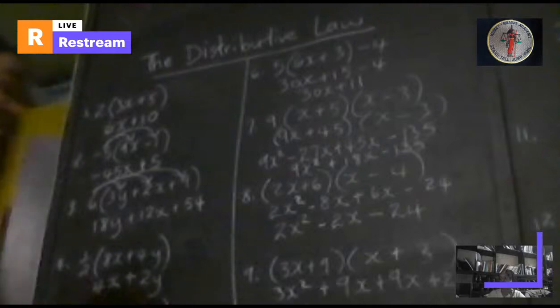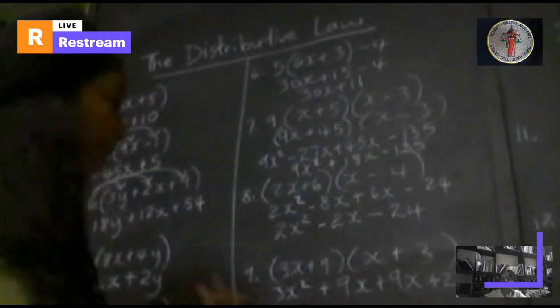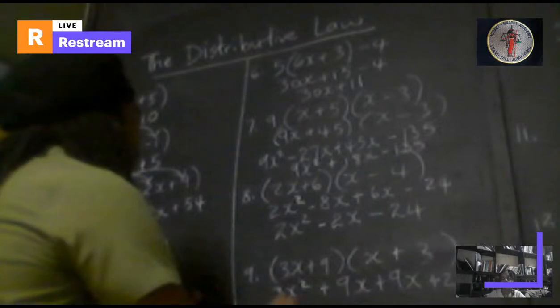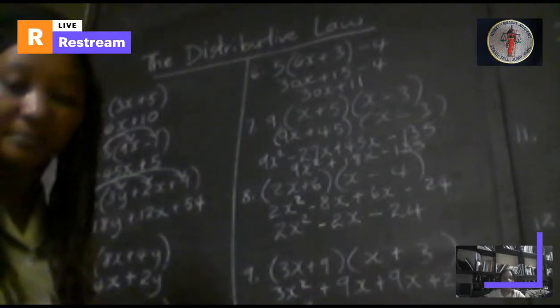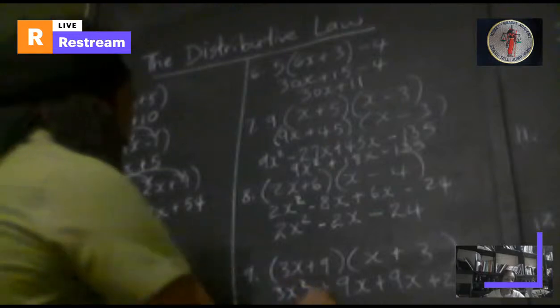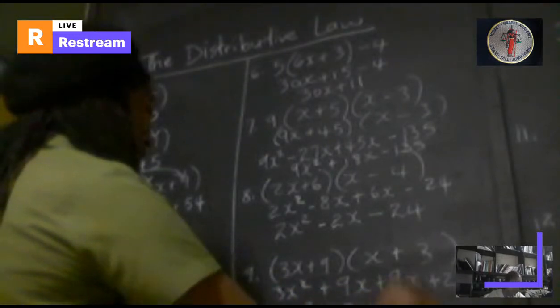So now we're going to simplify the middle because they are both x's. We can combine them. So we have 3x squared and 9x plus 9x is positive 18x, plus 27.